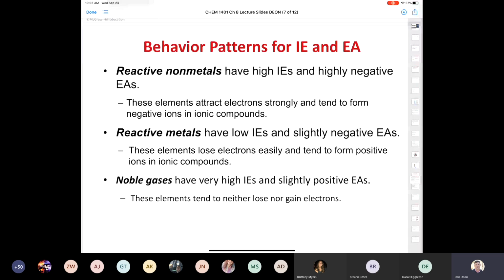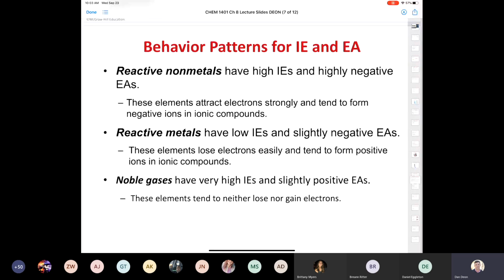It says these elements attract electrons strongly and tend to form negative ions, okay? An example would be something like chlorine. Chlorine usually exists as chloride. What about fluorine? That usually exists as fluoride, okay? Now, reactive metals have low ionization energies. That means it's easier to remove electrons from them, and slightly negative electron affinities, right?